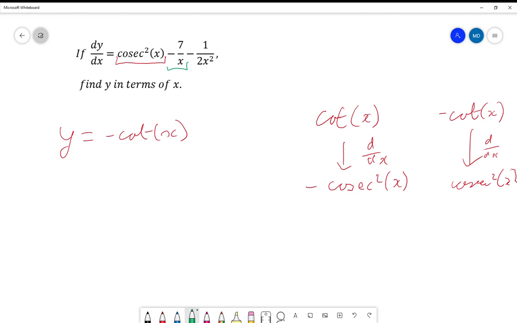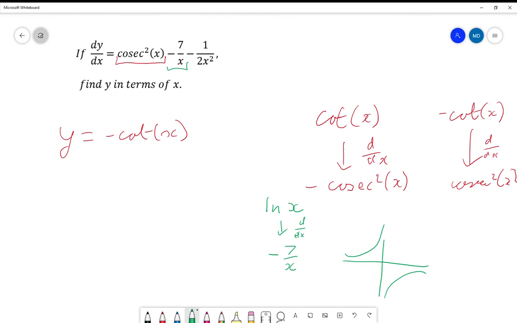Secondly, we've got this negative 7 over x. And we have to ask ourselves what differentiates to 7 over x. And the answer is the natural log of x. But there is a problem here. And the problem is that our graph of negative 7 over x is going to look like this.